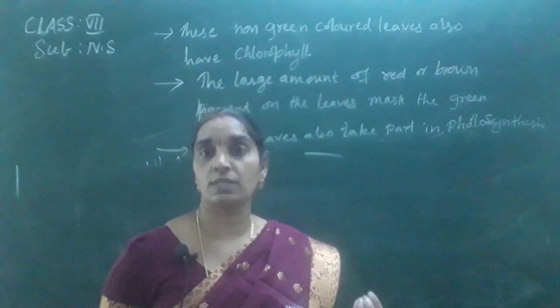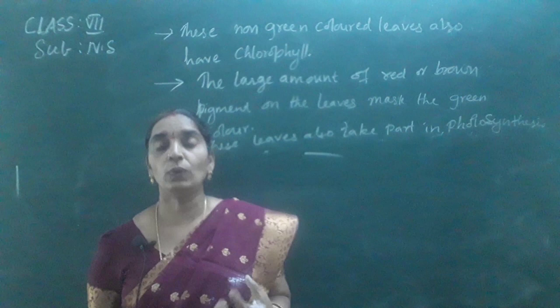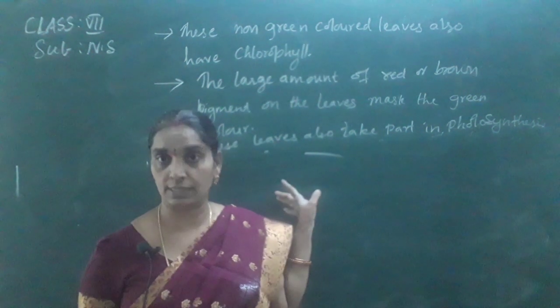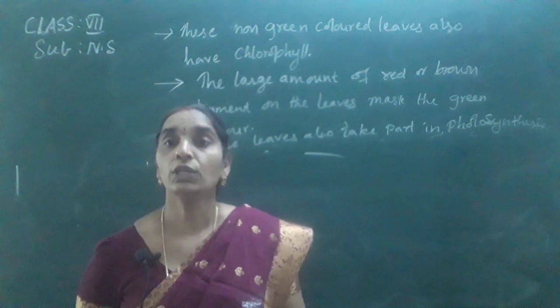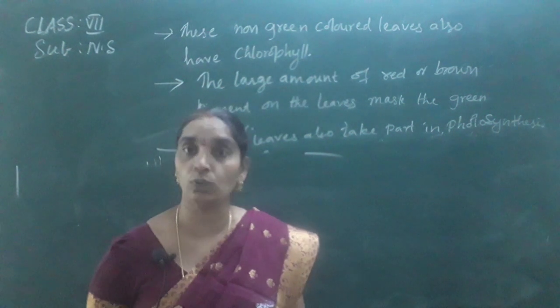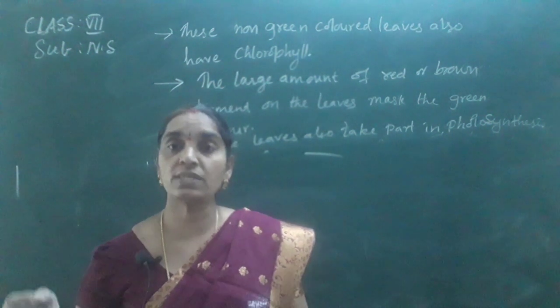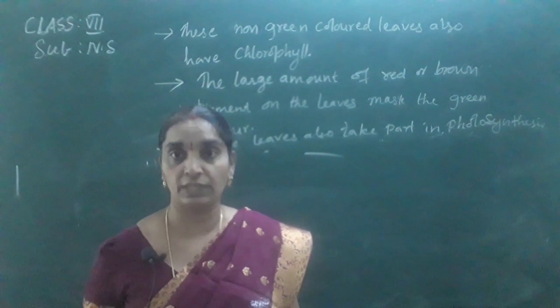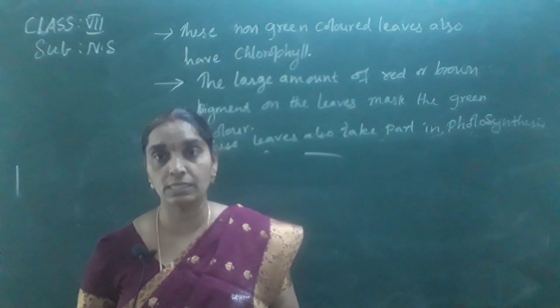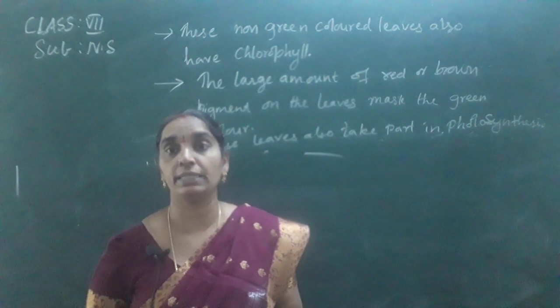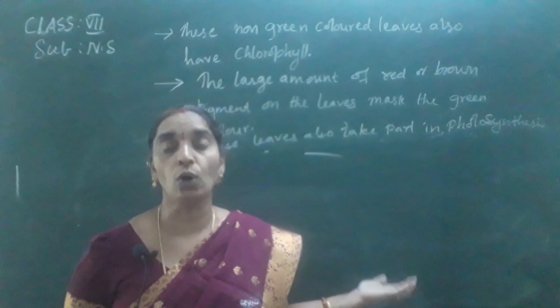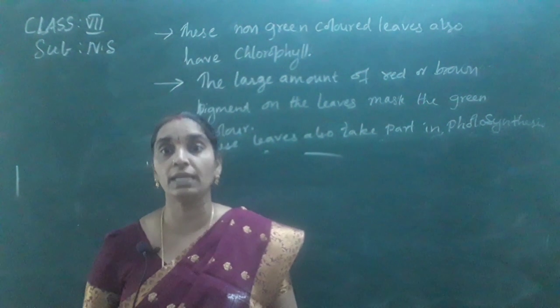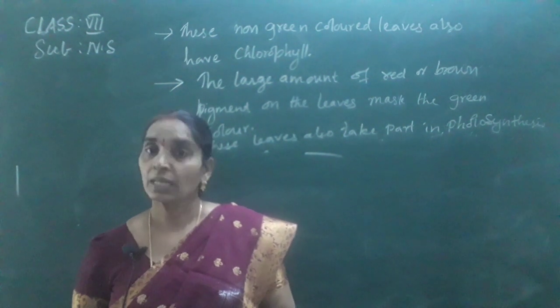If you see the leaves that are kept in the dark, after doing the test for starch with the iodine solution, you will see that they do not turn blue or black. The plant with the leaves that is kept in the sunlight, if you take them and test with the iodine solution, then you can find that they have turned blue or black, confirming that they prepare food for the plant.